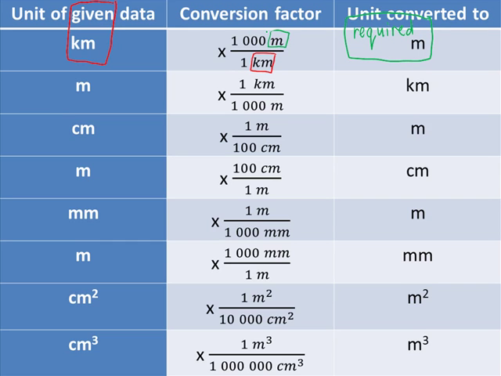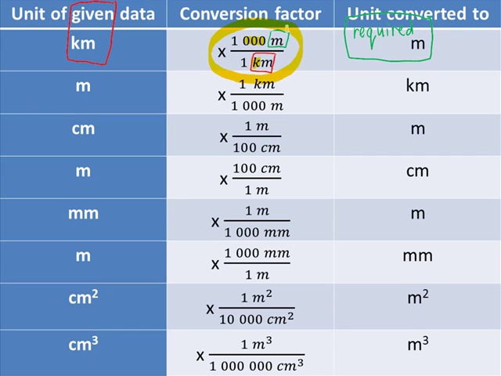And they have to be equivalent amounts. 1 kilometer is the same as 1,000 meters. We know that because kilo stands for 1,000. So if you say 1 kilometer, you might as well be saying 1,000 meters. So they are the same thing. So we are essentially multiplying here by 1 if we multiply by 1,000 meters over 1 kilometer.